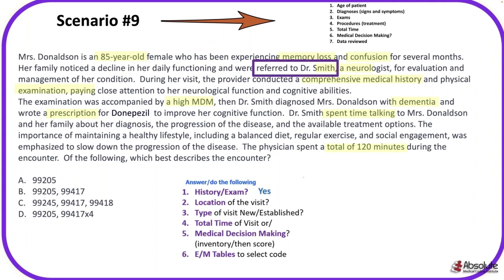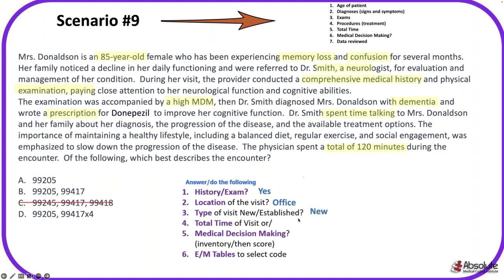So the family referred her to Dr. Smith. So this is not a consultation. This is an office visit. And we're going to get rid of C, because we know, because we've been doing this for a little while, that 99245 is not an office visit. In fact, it's a consultation, an office consultation.